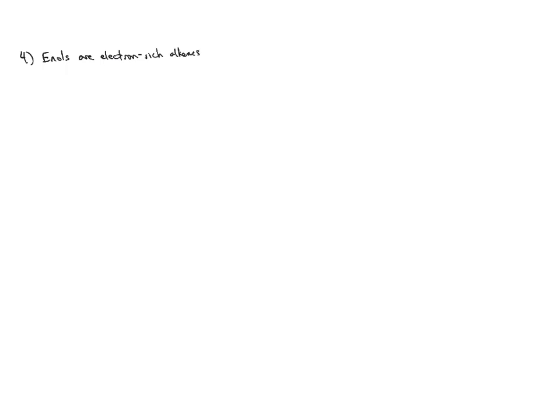And we know that alkenes undergo electrophilic addition reactions, and so enols can also undergo electrophilic addition reactions. Okay, so enols and enolates are nucleophiles. They're nucleophiles that react through the pi bond, right?